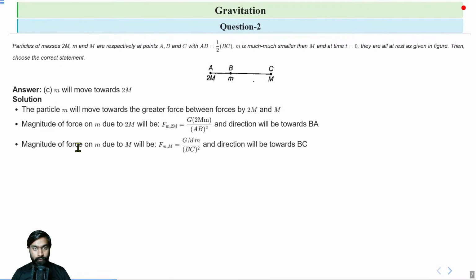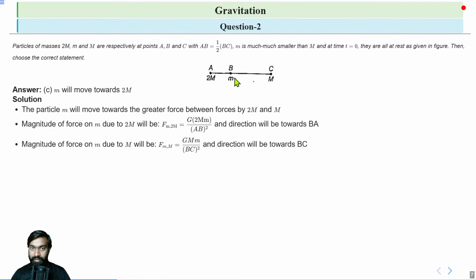And the magnitude of force on small m due to capital M. Again we will use the formula of the universal law of gravitation, force is equal to G into capital M into small m divided by distance square. Here capital M is the mass of the body, another mass is small m, and divided by the distance between the bodies.